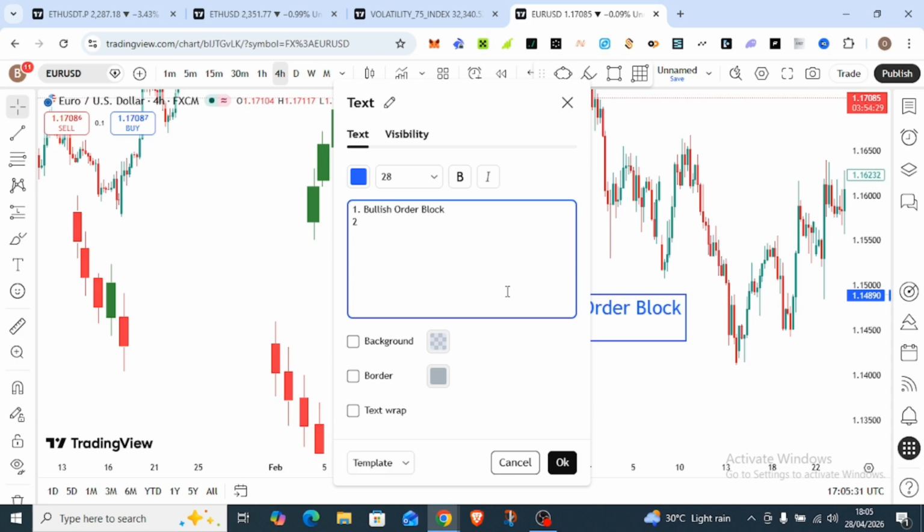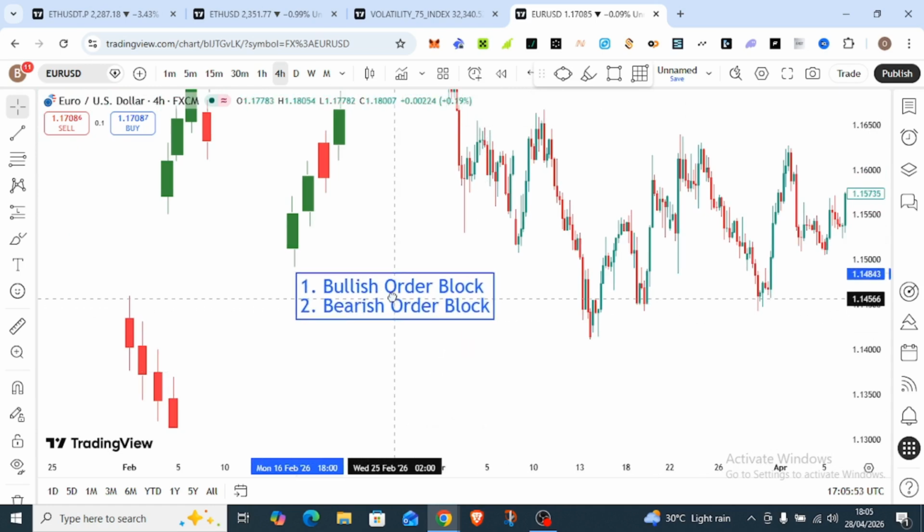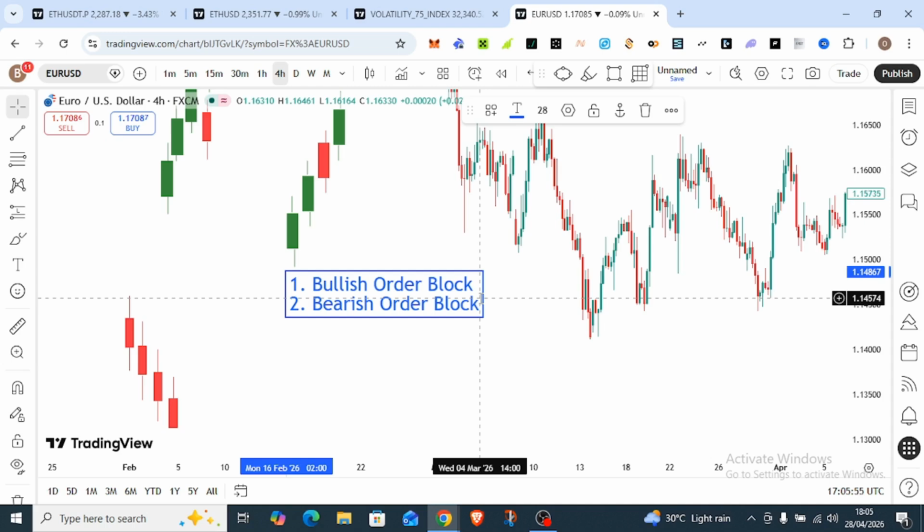And number two, the bearish order block. Good. We have the bullish order block and the bearish order block.